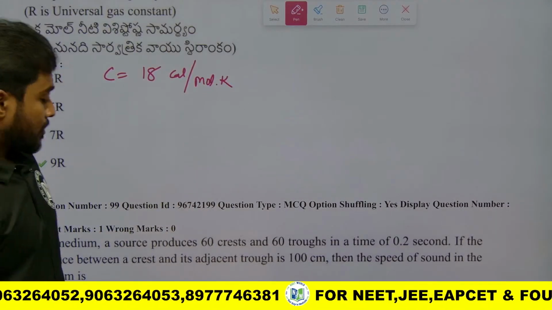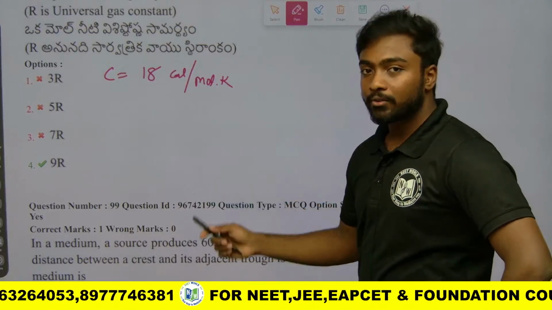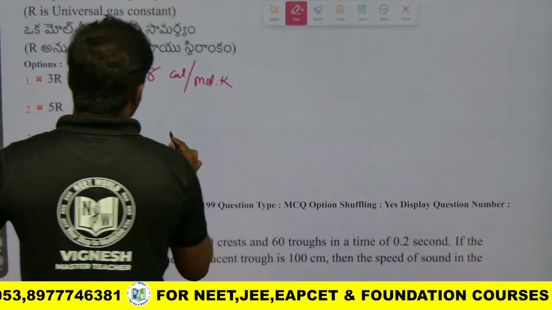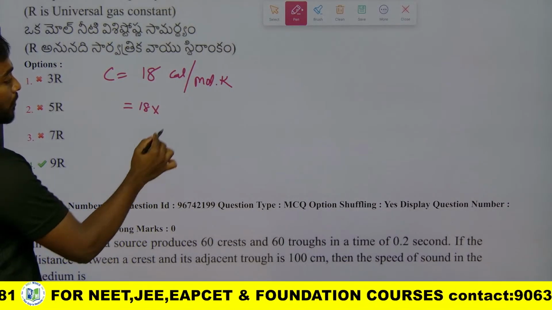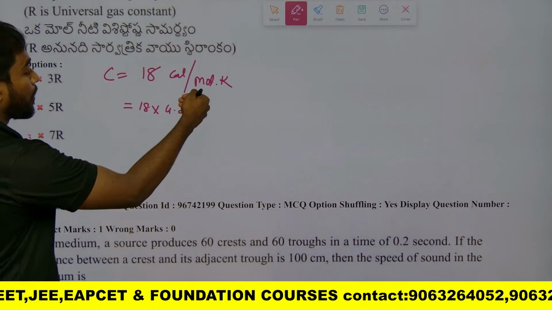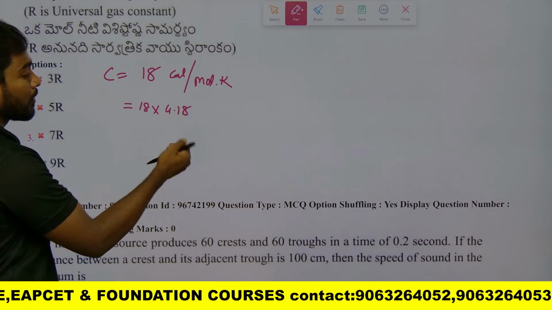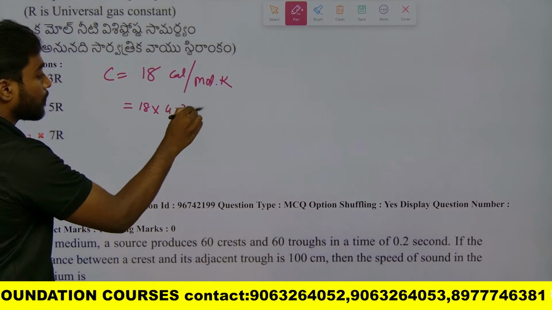So I need to convert it into the SI unit, that is joules. So what I can say, this is 18 into 4.2. The exact value is 4.18, but we will take approximately 4.2.